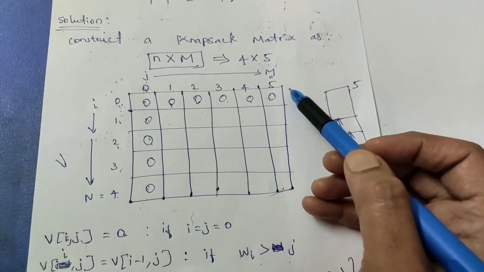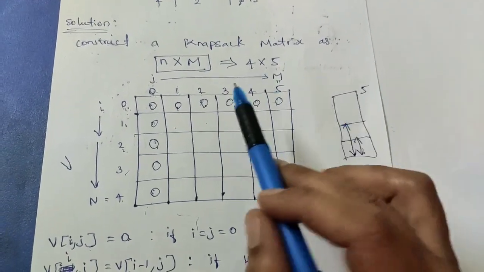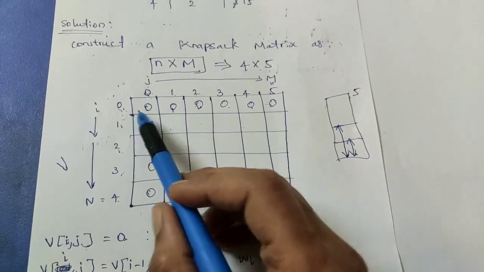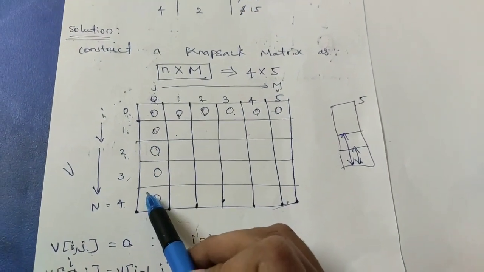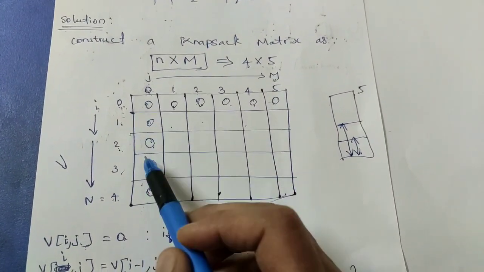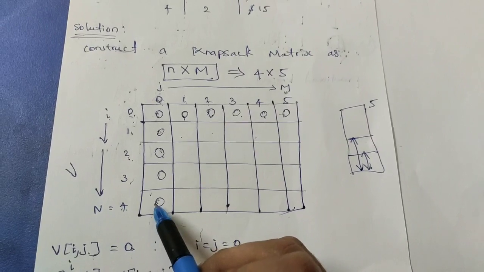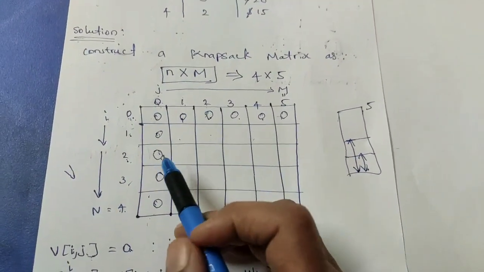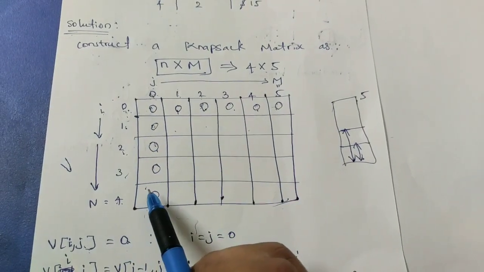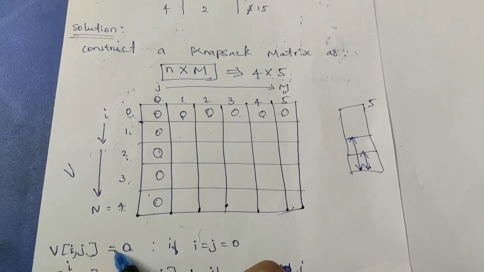There is no point in having space without having an item. So fill the first row with 0, first column with 0. You have a number of items, but you don't have space in your knapsack to include any of the items. So the first step: initialize first row and first column with 0 using the first formula.